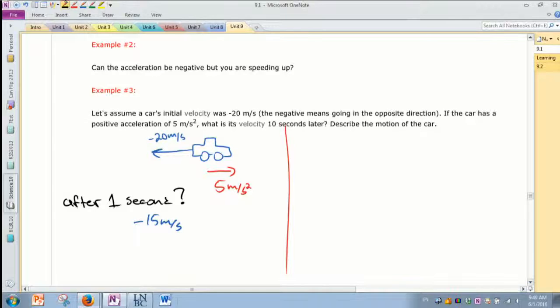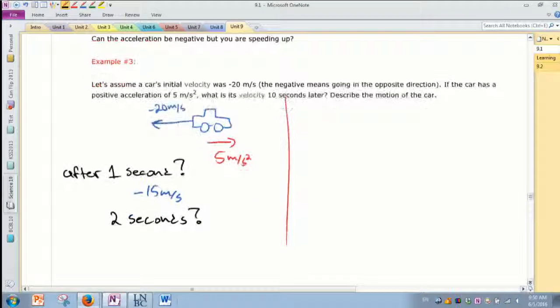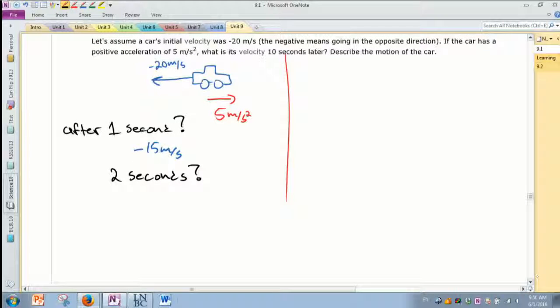Okay, what about after 2 seconds? I'm going to develop a bit of a pattern here. So every second I'm changing my velocity by 5. So after 2 seconds, I'm going to change it by another 5. And I'm going to be going negative 10 meters per second.